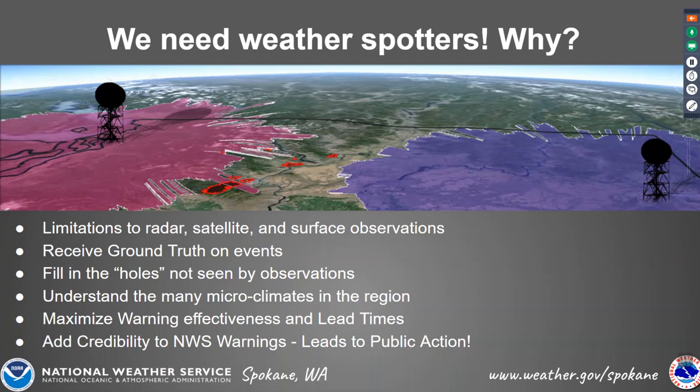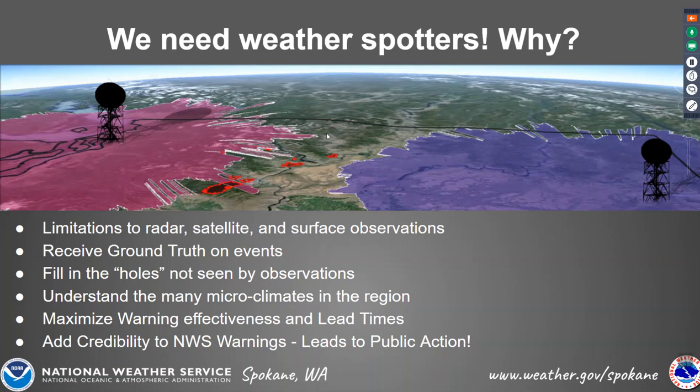And so part of the reason why we need spotters is to help fill in this radar hole right here, but also just to get real-time ground truth of what's going on. You know, sometimes the radar will overestimate things or underestimate things. And so it's incredibly helpful to get real-time information from people. And then, of course, to fill in our holes.